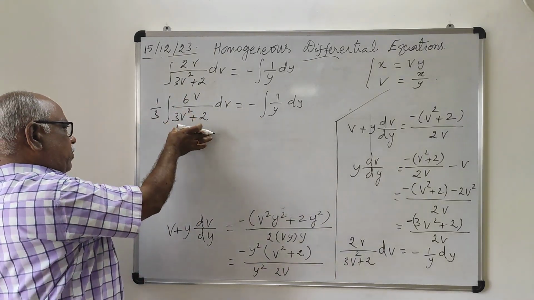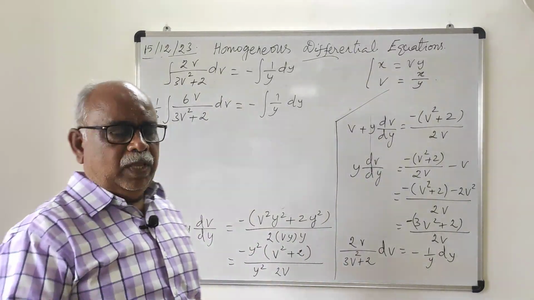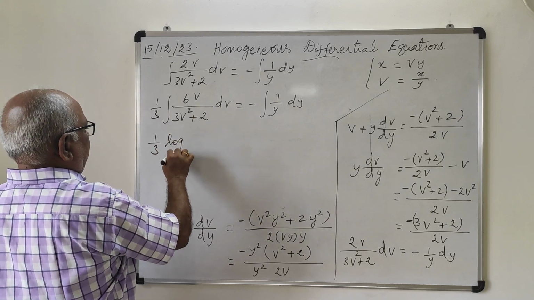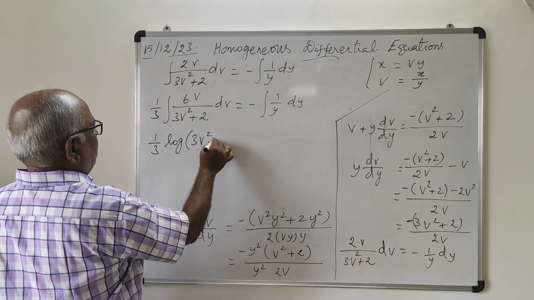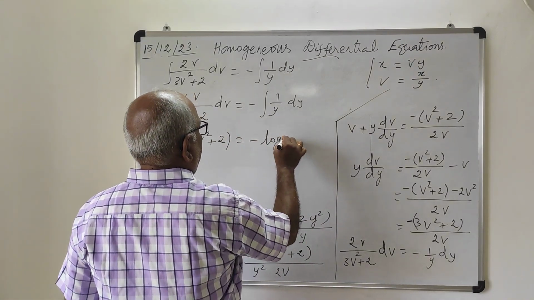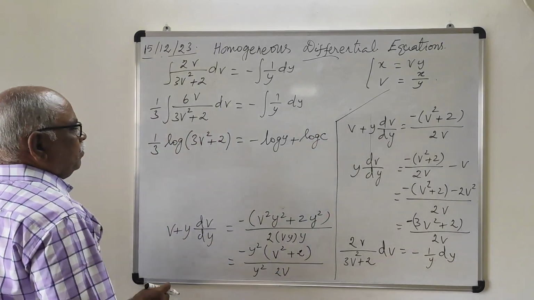Therefore, the denominator derivative is in the numerator, so it is the integral f dash of x by f of x dx form. This is nothing but log of the denominator, 3v square plus 2. Minus 1 by y is log y plus, and at the time we add log c.